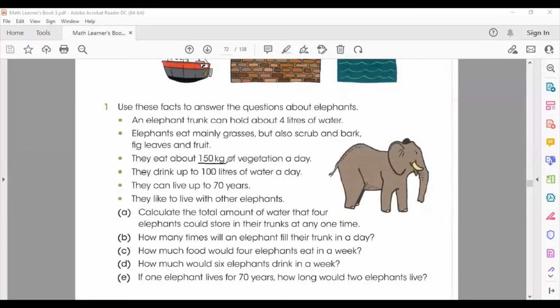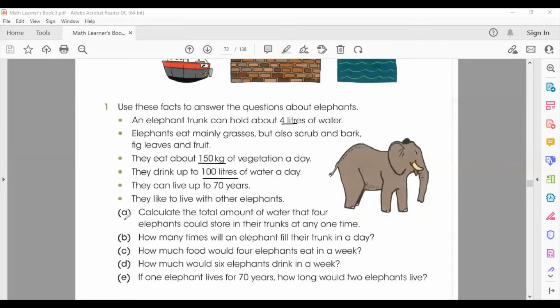So an elephant can eat at least 150 kg per day and drink 100 liters of water per day. They can live up to 70 years. They like to live with other elephants. The important points: an elephant trunk can hold 4 liters of water, it eats 150 kg and drinks 100 liters.